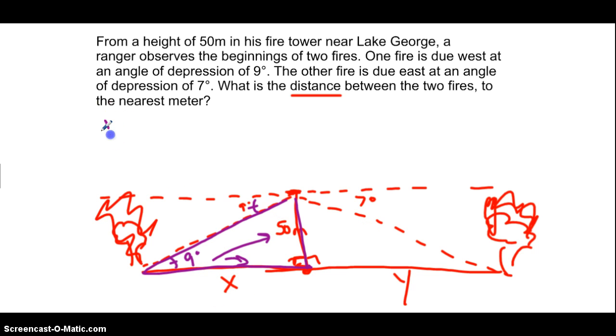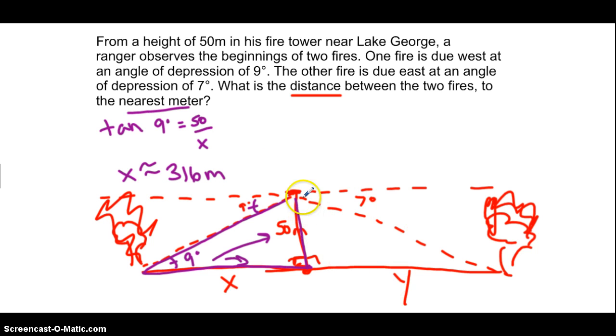So that would be another tangent. So we have the tangent of 9 degrees equals 50 over x. Now on your calculator, remember that we end up actually dividing 50 by the tangent of 9. Okay, so you should get x is approximately equal to, and it does say round to the nearest meter, so I'm just going to round to the nearest meter for everything. So this is about 316 meters.